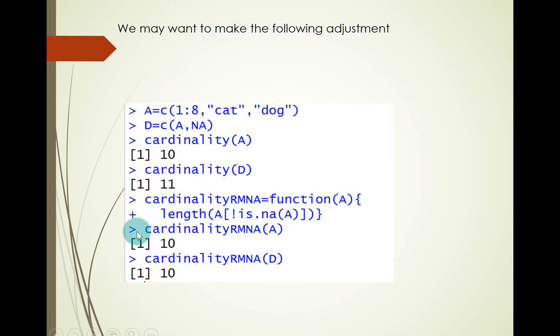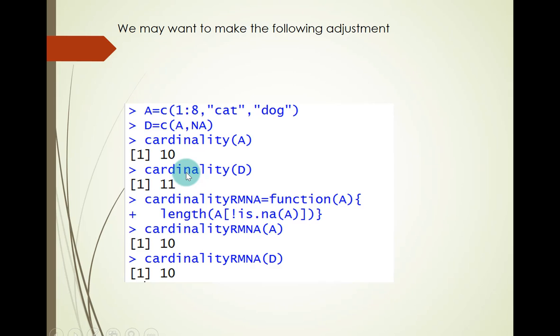Okay, so here's another problem that we'll need to deal with. Suppose that A is equal to this, and D is A, comma, n of A concatenated. So the cardinality of A is 10, but I didn't print out D here. If I printed out D, it would be 1 through 8, then cat, then dog, then NA.